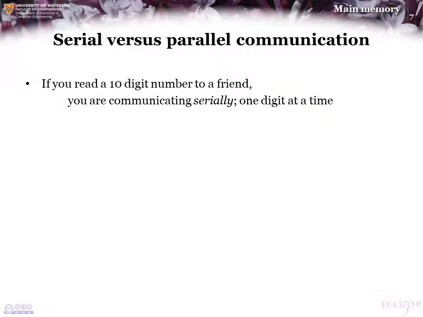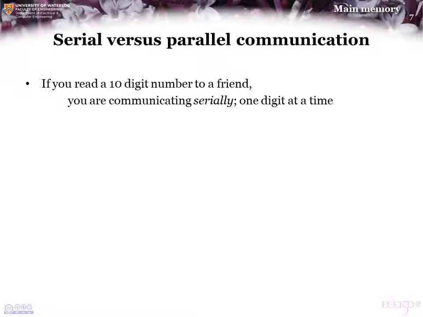Now, how do we communicate an address to main memory to indicate which address we want? Well, suppose you had to communicate 10 digits to a friend. If you were just talking to that friend, you would state each digit one at a time. This is called serial communication, sort of like USB, a universal serial bus.